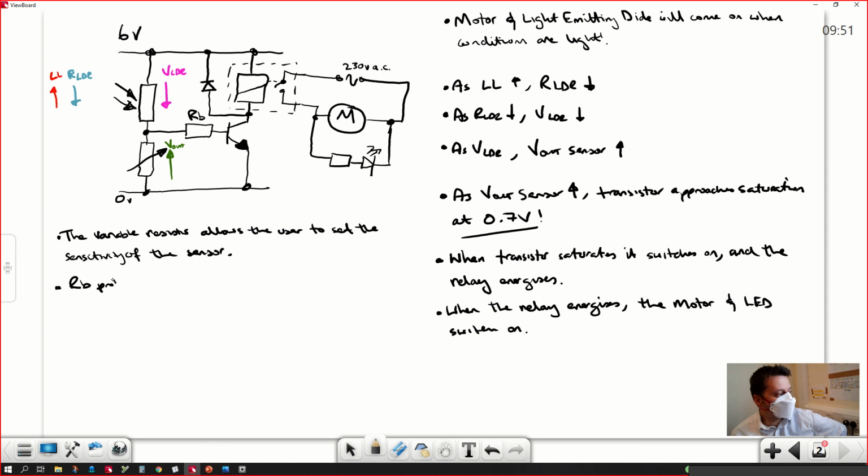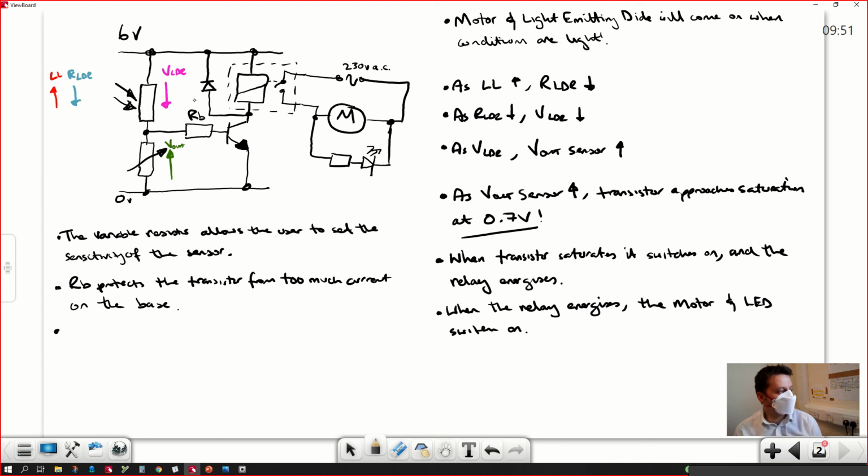RB protects the transistor from too much current on the base. That's why it's called RB, resistor on the base. I don't need to put in the transistor acts as a switch, because I've already said it here. When the transistor saturates, it switches on. I've already indicated that it acts as a switch in my description, so I don't need to say it explicitly.